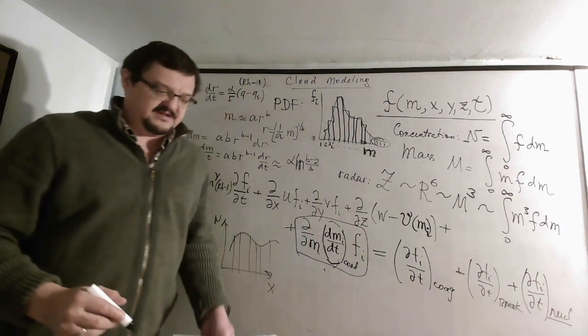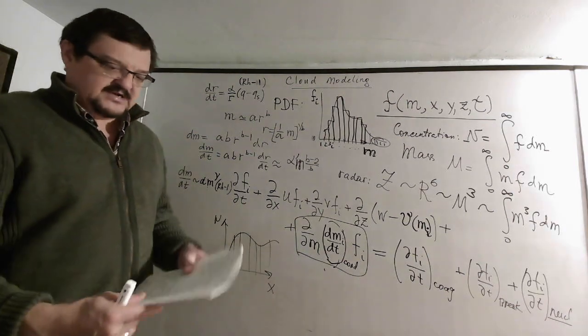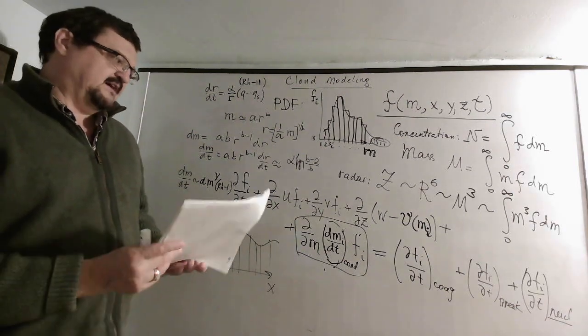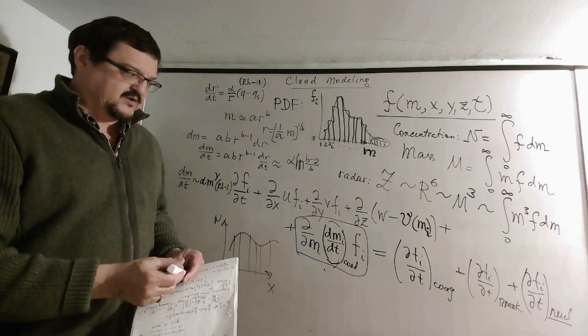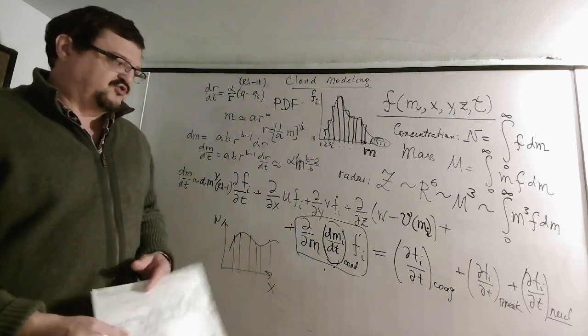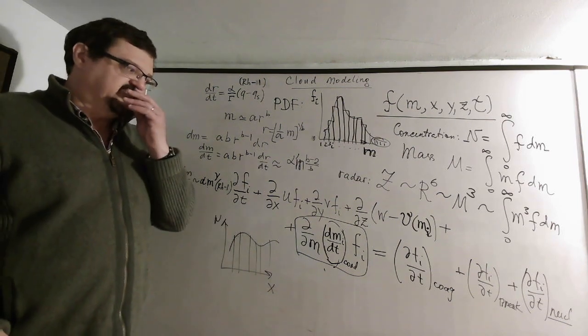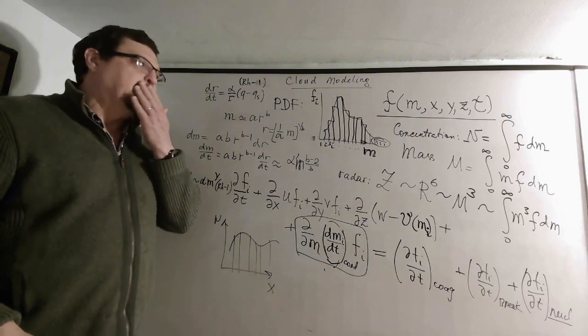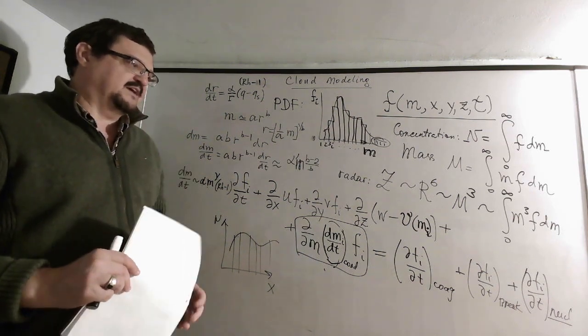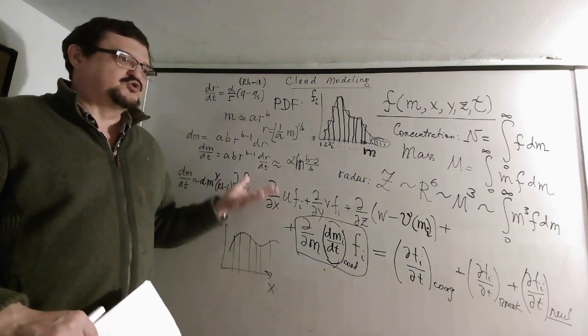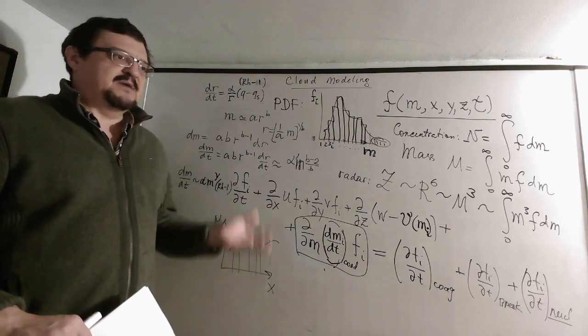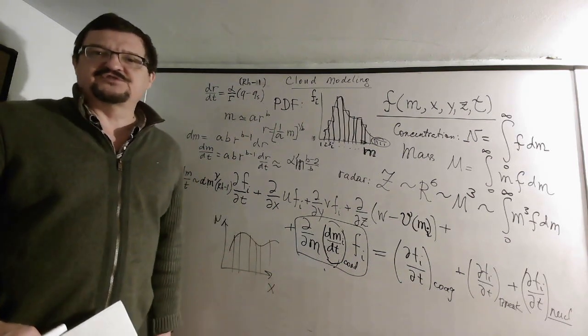And in some models, I ask people how they implement it. Sometimes I ask those who do bin microphysics how they treat the condensation process, for example, and sometimes I get very strange responses, like they preserve only two moments of the distribution, mass and concentration. They think that it's sufficient.